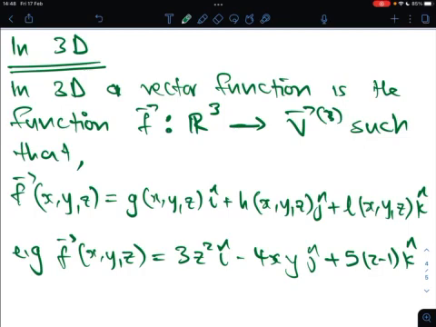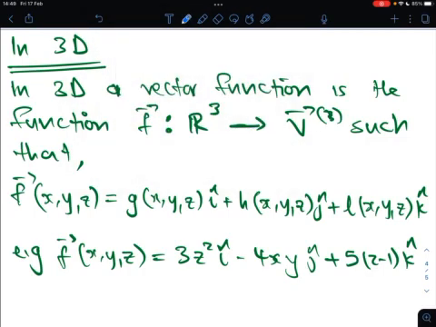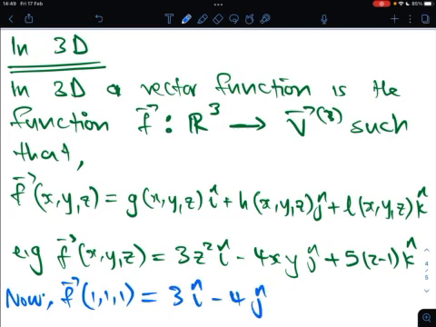To each point in 3D space, when you feed it in, it associates a vector at that particular point. For example, if you ask what is f of (1,1,1), you will see that you get 3i minus 4j plus 4k. So at this particular point, it will associate this vector.